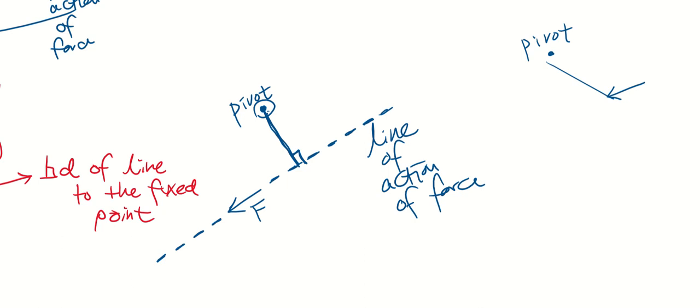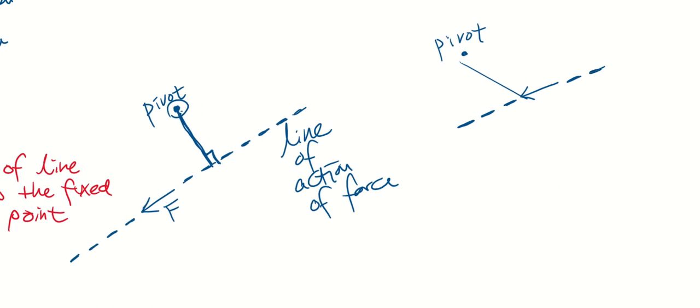Let's go through this again. We always extend the force with a dotted line to show the line of action of the force, and once you have this, you would know that this is my perpendicular distance, and this line is definitely shorter than this.